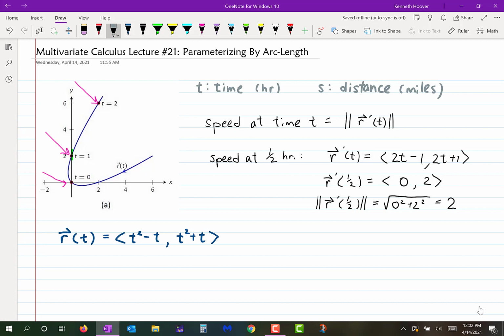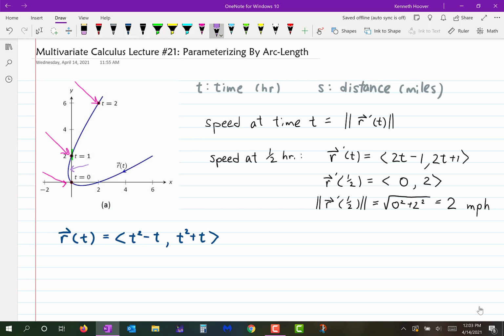Don't worry about why I'm choosing s. So our speed at a half hour is 2 what? It would be miles per hour, a unit of distance per unit of time. Right here in the middle of the first hour, we're going 2 miles per hour.